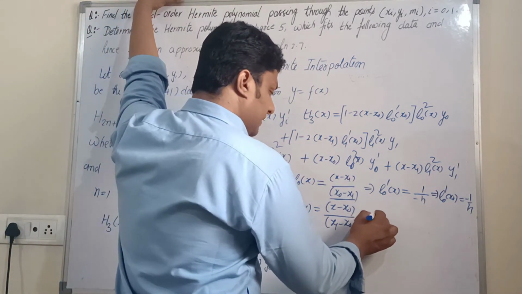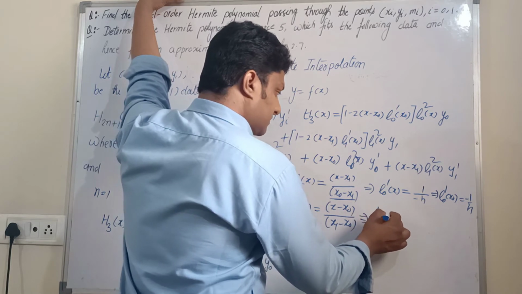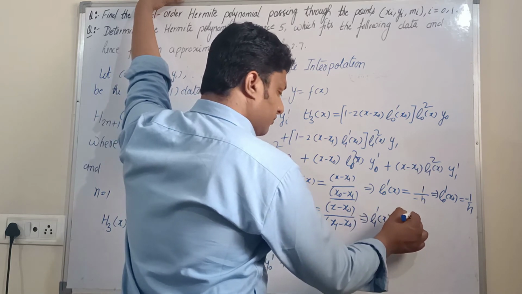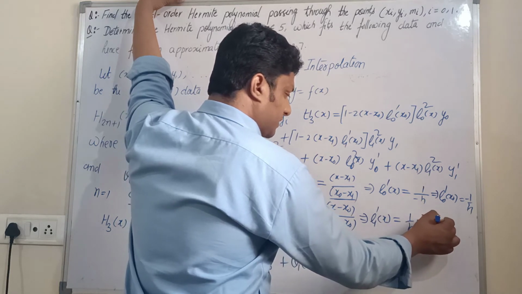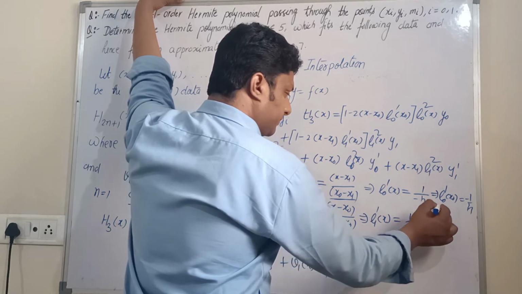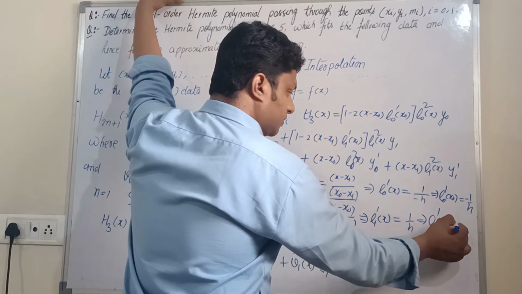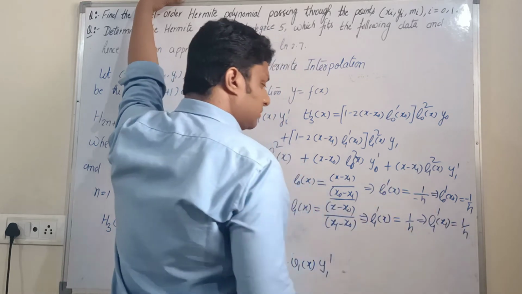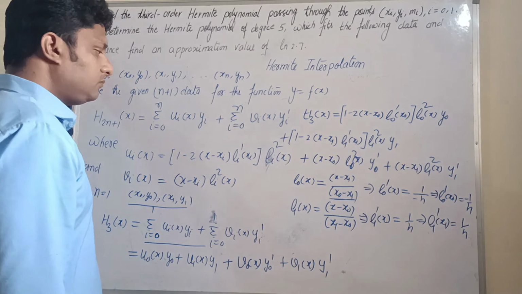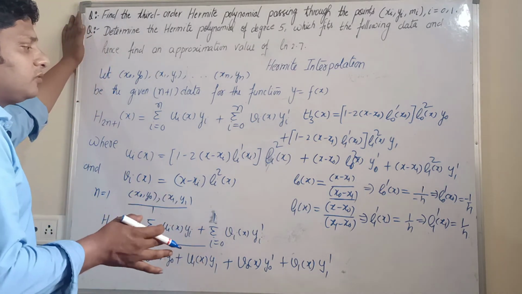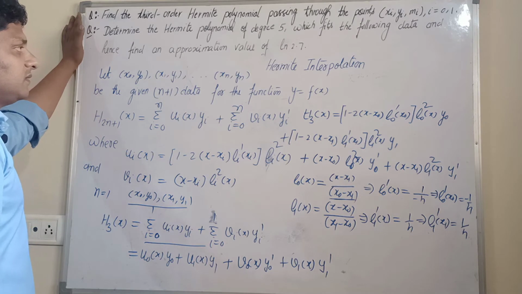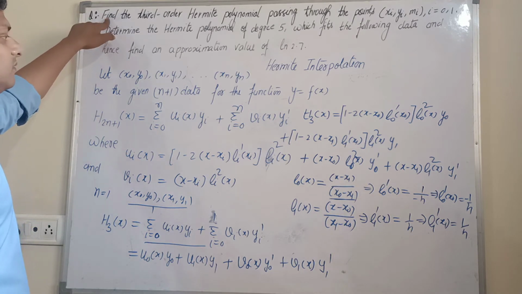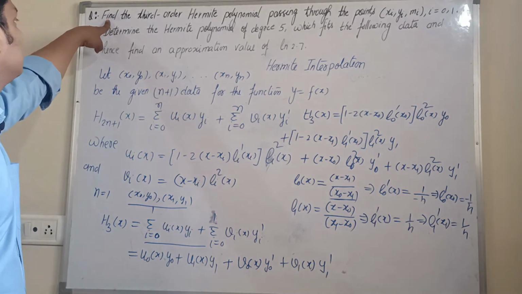Similarly, l1'(x) will be 1 over h and it will also be unchanged at the point x1, so it will be 1 by h. Now compute all these values in H_3(x), then we can find the solution of question number 1.